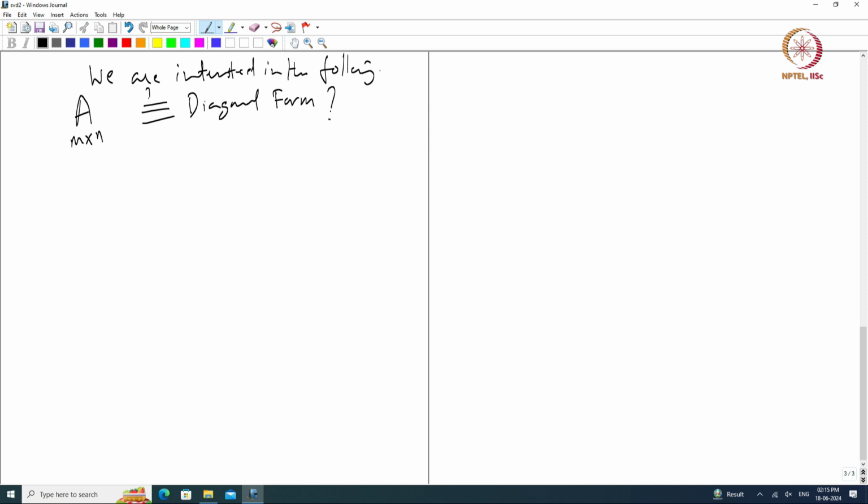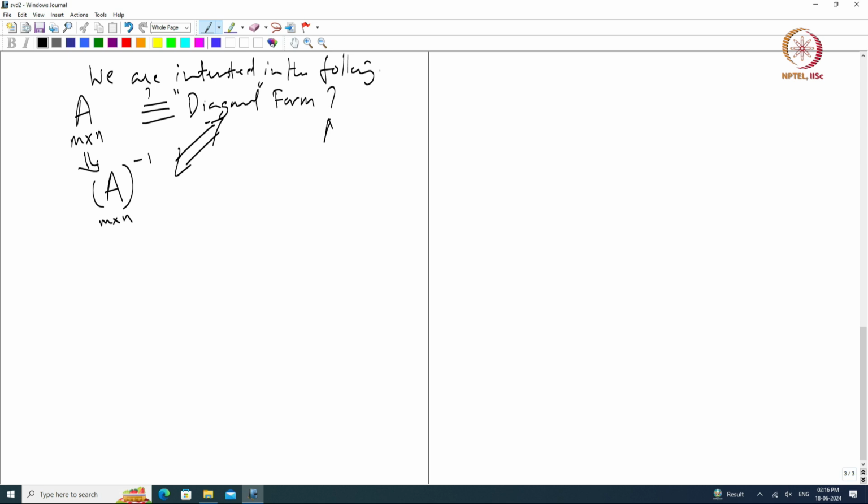That is the question, because if A can be found in its diagonal form, when I say diagonal form under quotes, we are also looking at the associated problem of actually inverting an M cross n matrix. So, these two are related, we will see that they are actually related.